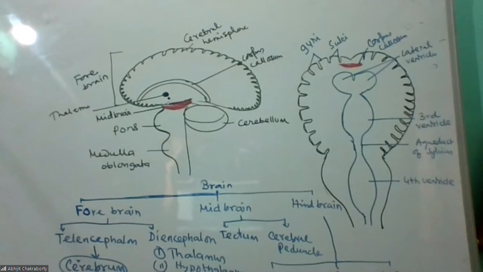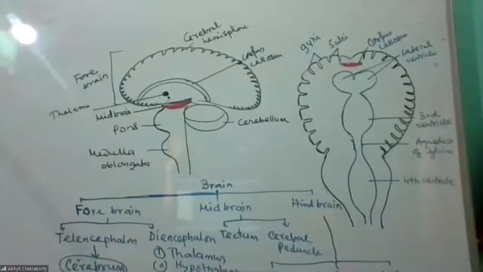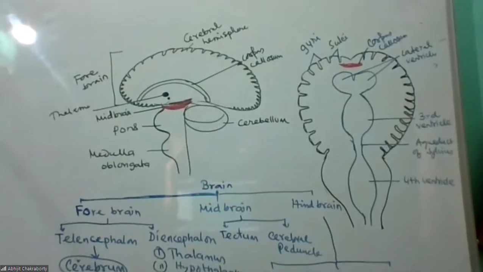So these are the main parts. As you see, they are the main parts of the brain. Clear?